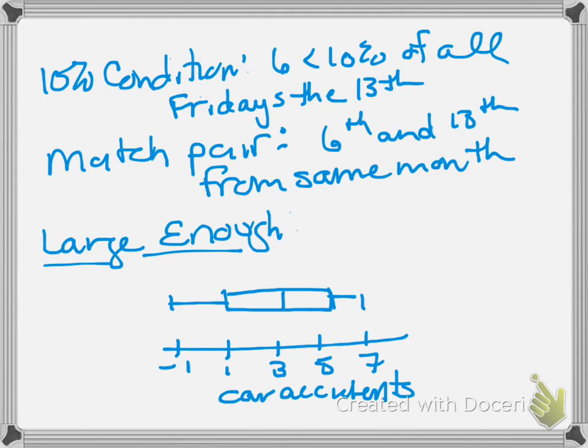All right, so I need to comment on the distribution here. What we are looking for is that it's reasonably symmetric, okay? And no outliers. So it's reasonably symmetric with no outliers.